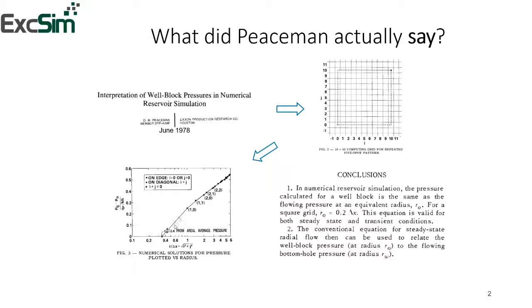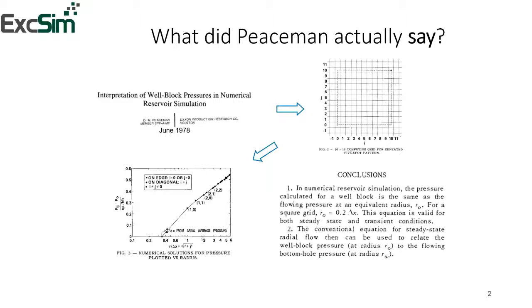What he found was that the well block itself, the pressure in the well block, actually he took the difference between the grid block pressures minus the well block pressure, and the well block is the grid block that contains the well, so it's 0 here. He's basically subtracted the well block pressure. But it's not on the straight line that you would expect.